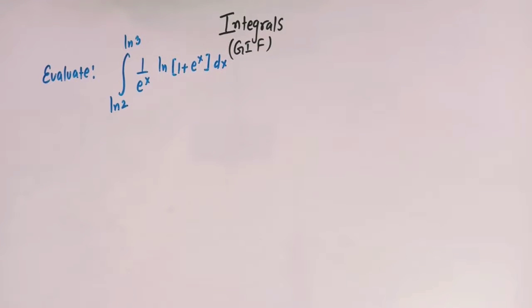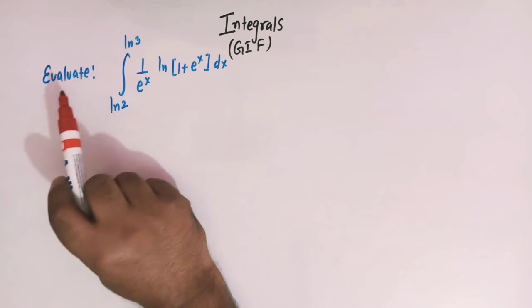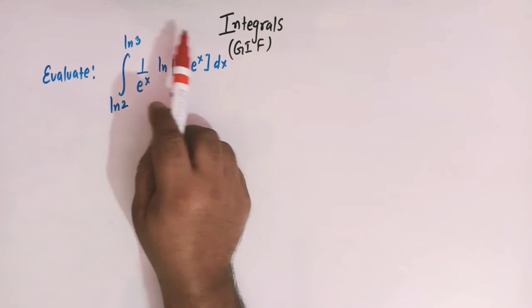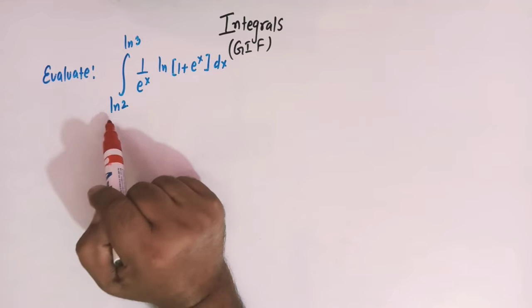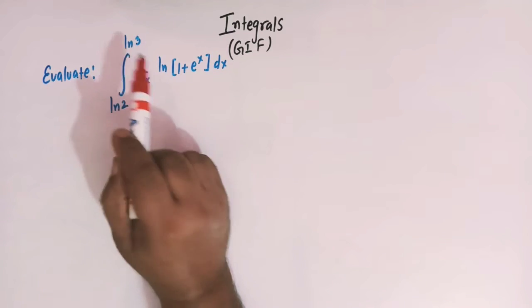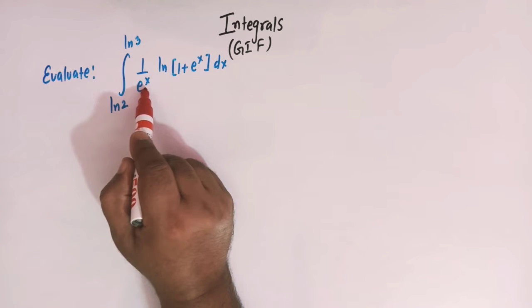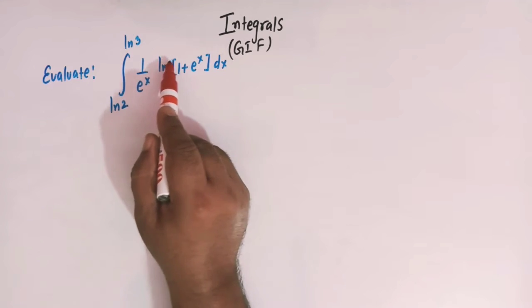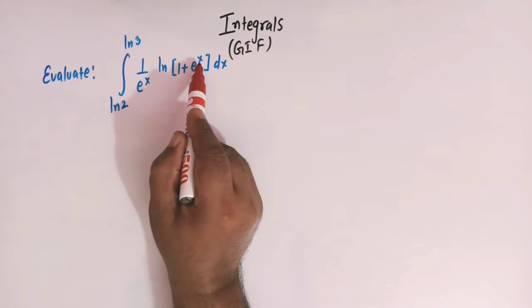Hello viewers, in today's class we are going to solve one more important and conceptual problem from definite integrals involving the greatest integer function. We have to find the value of the integral from ln 2 to ln 3 of 1 over e raised to x, times the log of the greatest integer of 1 plus e raised to x.